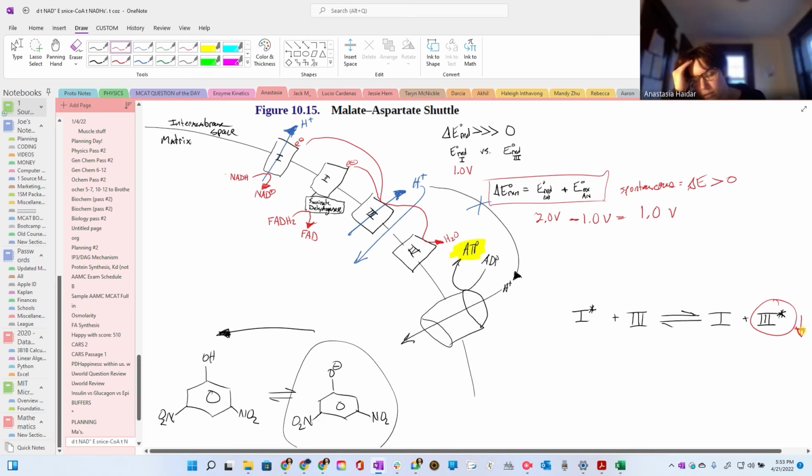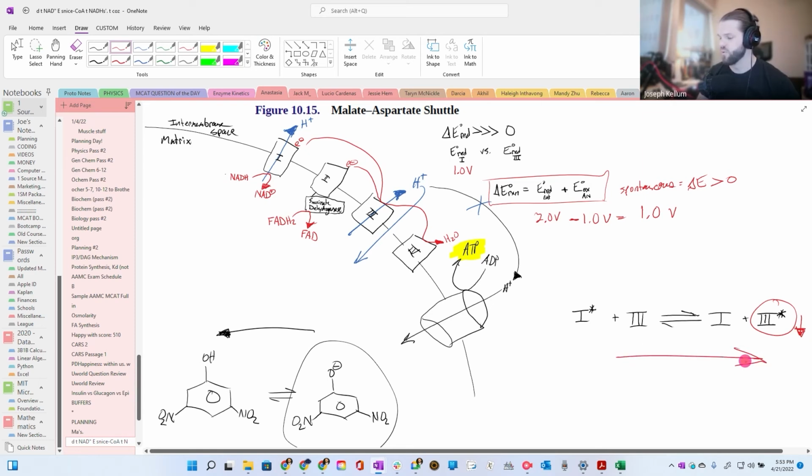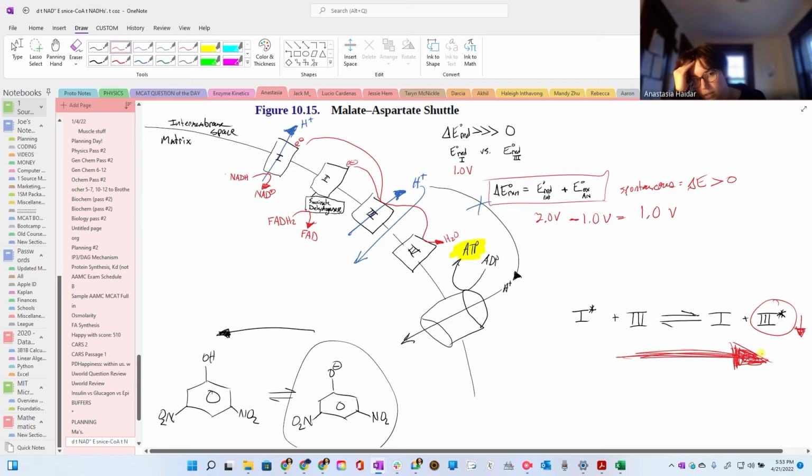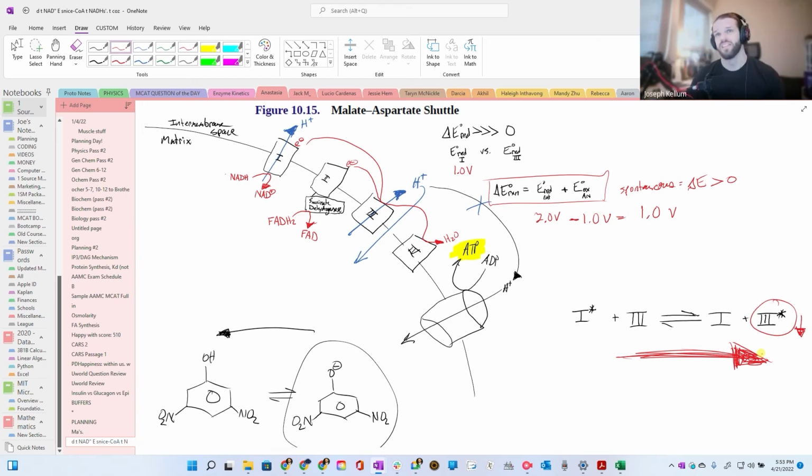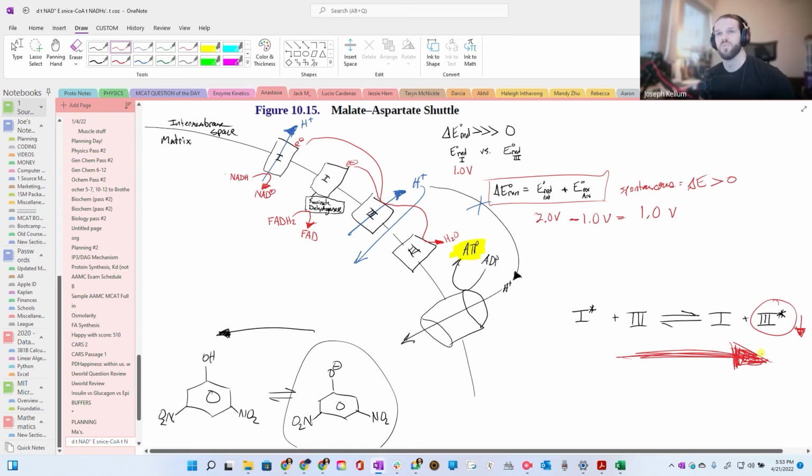Because I did that, I shifted my whole equilibrium this way, meaning that I'm going to start using up more NADH than I was before, and you're making less on the other side too. So levels of NADH are going to drop dramatically if you inhibit complex 2.